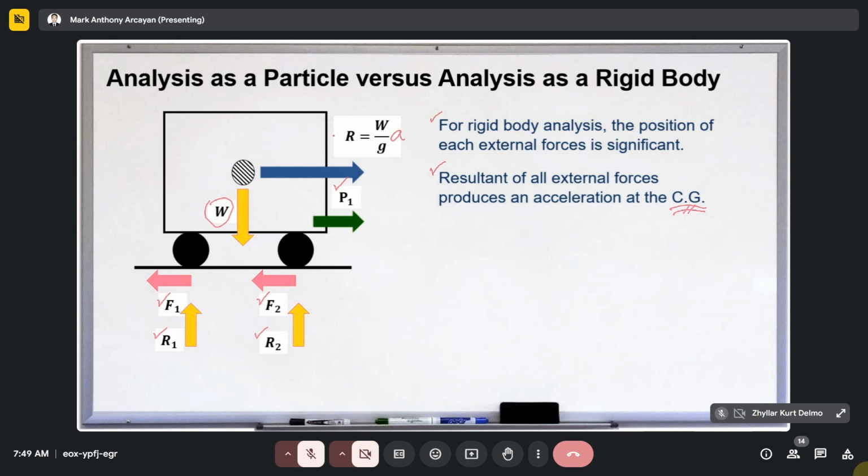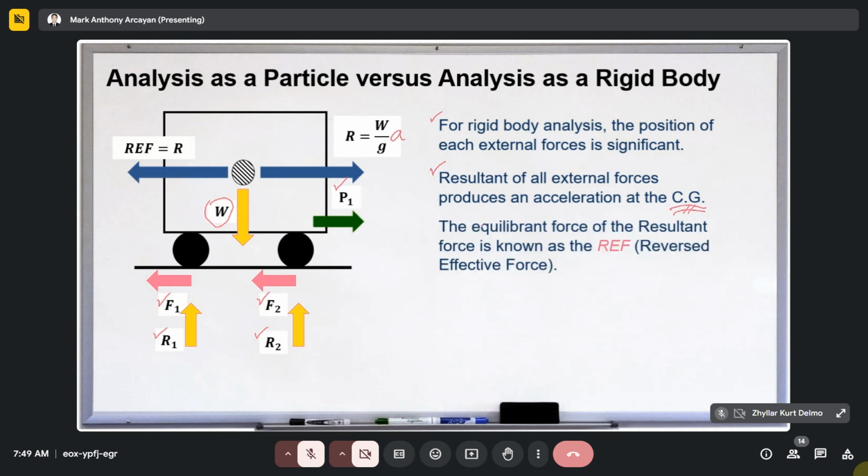But for the resultant, you can do that. You can put that one at the center of gravity by D'Alembert's principle and other principles applied for dynamic equilibrium.